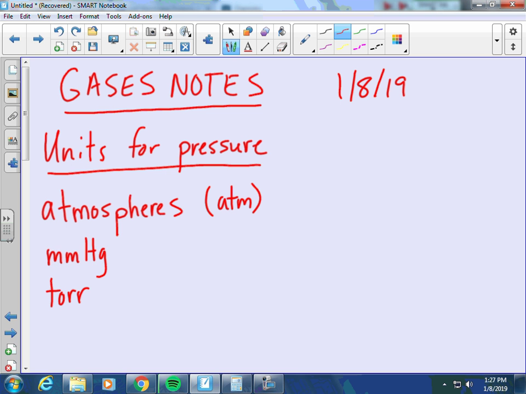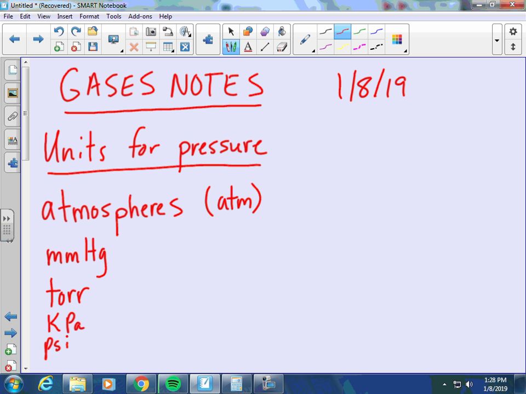We can have kPa. And one you're probably most familiar with, which is PSI, pounds per square inch, which really is what pressure is, a force over a given area. Pounds per square inch. So if we had 1 PSI, it would be 1 pound of pressure per square inch.